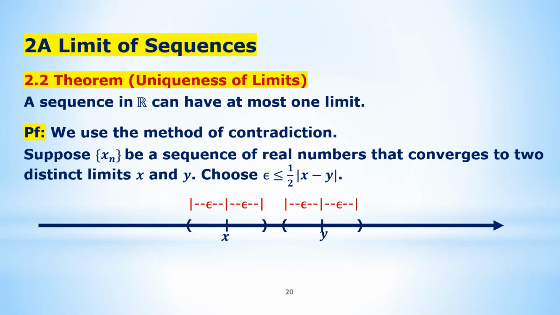At the same time, if xn goes to y, this means that when n is large enough, xn will be in the y interval. So now you're creating a contradiction. The same xn will be in the x interval and at the same time in the y interval. This contradicts itself, right? So that's the idea of the proof.